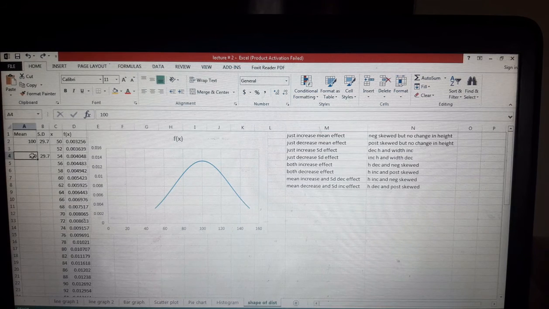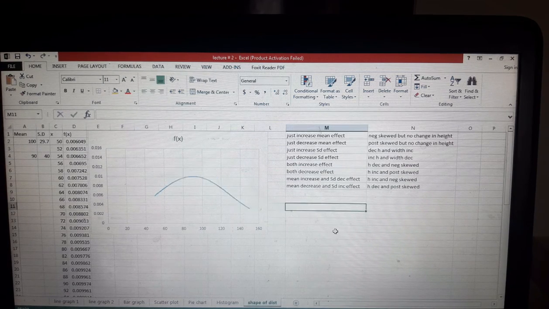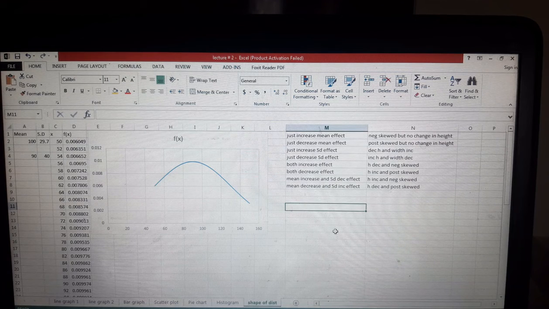If we decrease the value of mean and increase the value of standard deviation, look at this, height of the distribution decreases and the distribution becomes positively skewed.